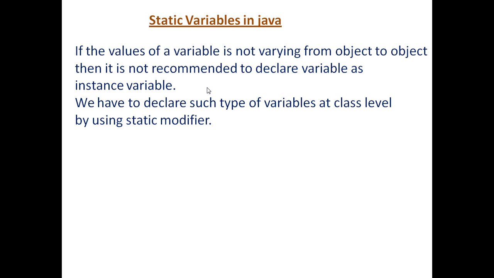Then I create another object and try to access the value of this static variable. In the case of instance variables, when objects are created, the values already given inside the program are used, so the value will be 10. But in the case of static variables, because I have changed the value to 20 with my first object, the second object that I have created will access the value as 20 and not as 10.